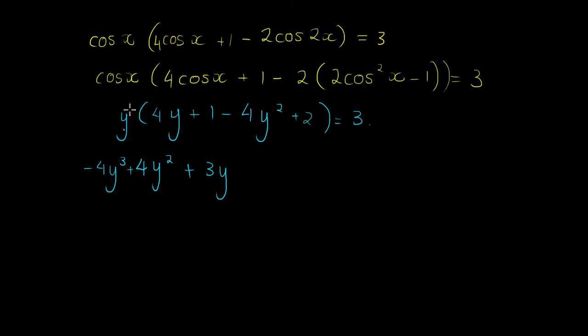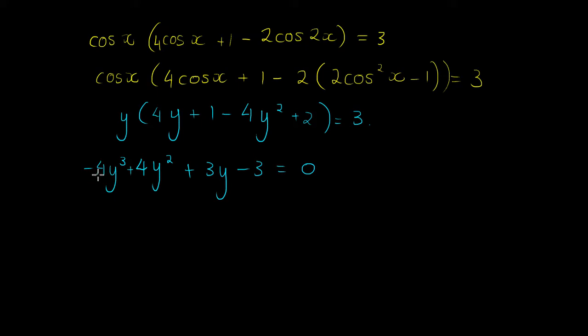Everything now has a y, an extra y distributed through there, and then just a negative 3 on that side is equal to 0. And so from here on, what I want to do is solve a polynomial equation. And solving polynomial equations, I must find a factor, something that I can substitute to get 0.